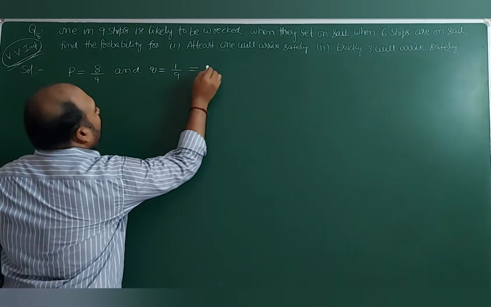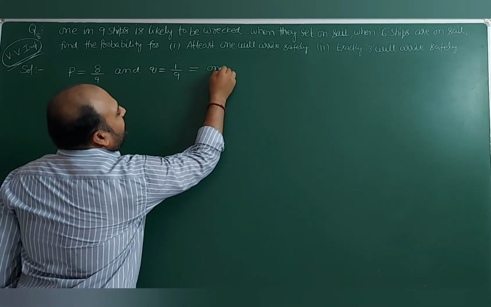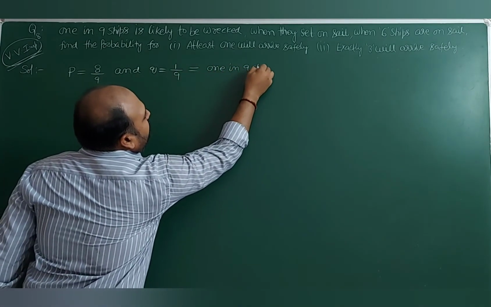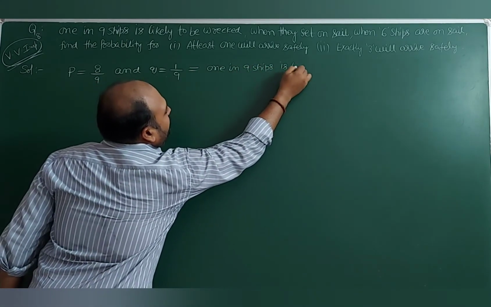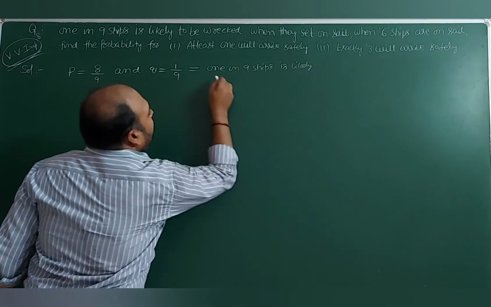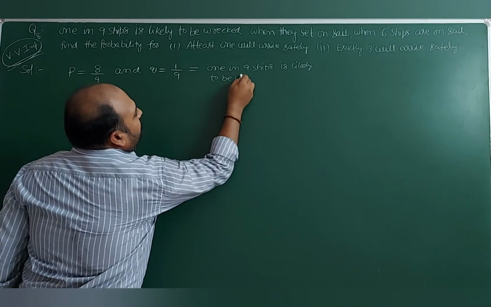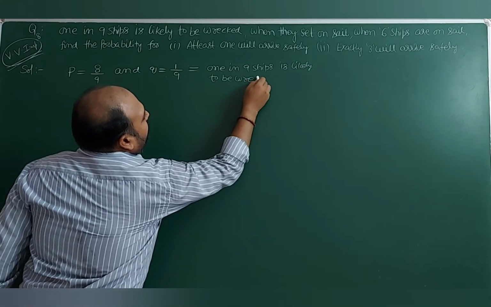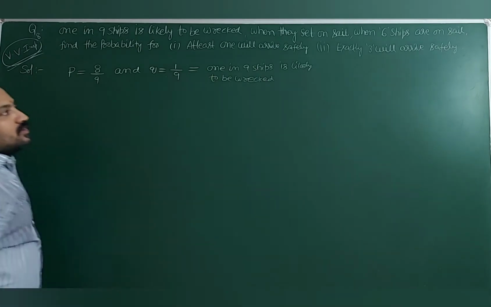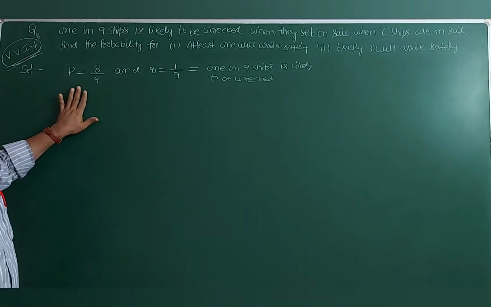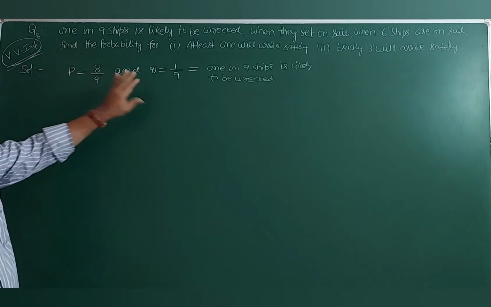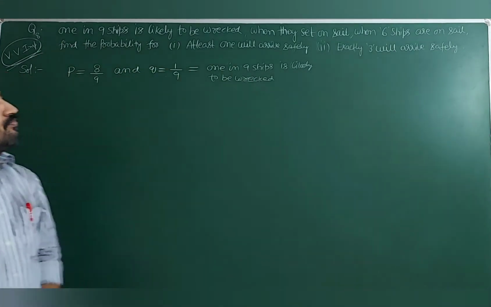This is 1 in 9 ships is likely to be wrecked. So this will be spoiled case. So P is equal to 8 by 9, Q is equal to 1 by 9.